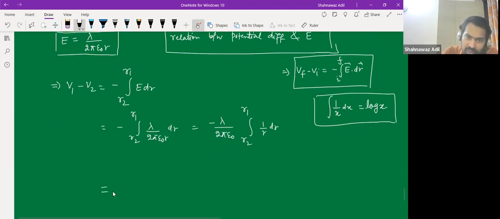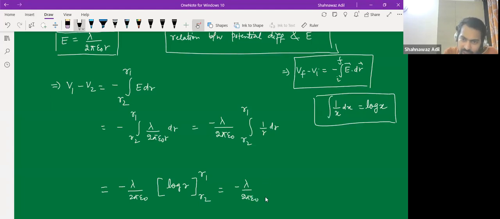So it will be minus lambda by 2 pi epsilon naught, and this is log of r, and we have to put the upper limit and lower limit. So this is minus of lambda by 2 pi epsilon naught, and first we put the upper limit. So what would be here?